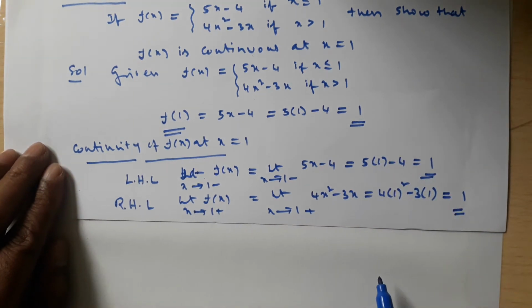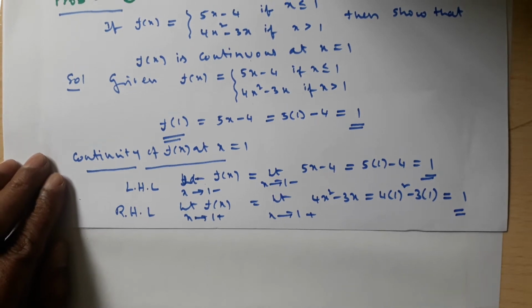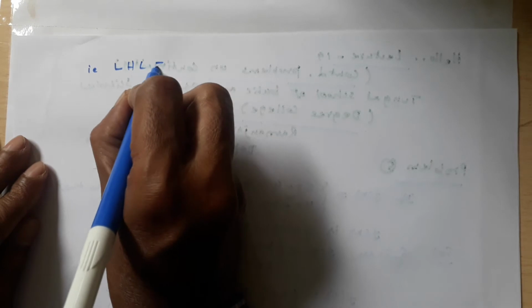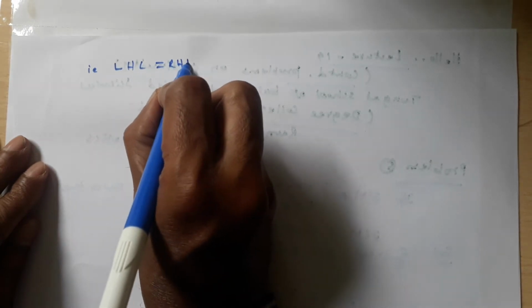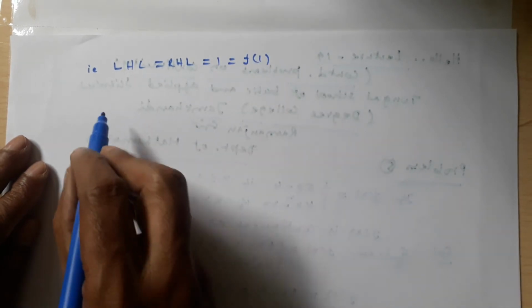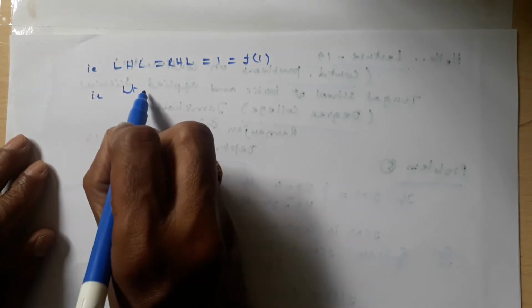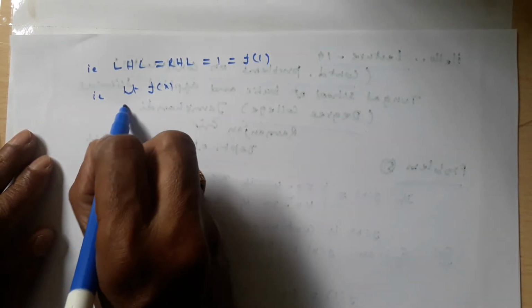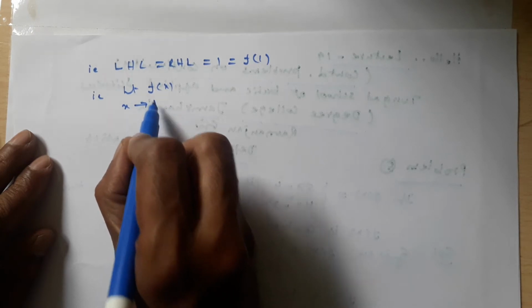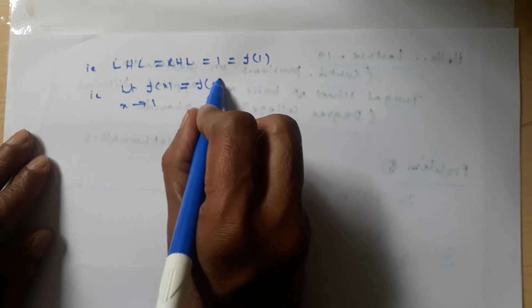LHL and RHL are both equal to 1, that is LHL equals RHL equals 1 equals f of 1. So limit f of x as x tends to 1 is equal to f of 1.